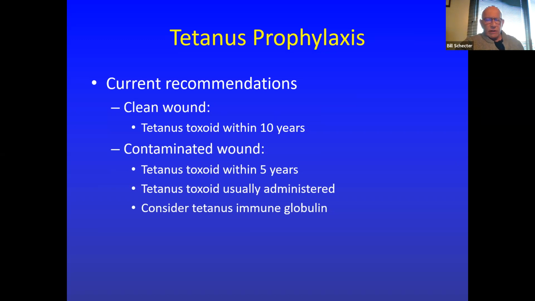My guess is many of your patients have not been immunized against tetanus. I don't know what the public health situation is in the area where you're practicing, but my guess is that you're seeing a lot of tetanus cases. I certainly have in the areas where I was working in Africa. So you have to pay attention to tetanus.